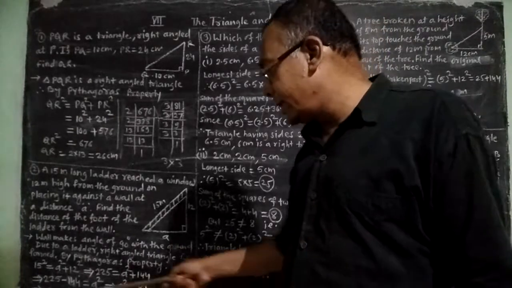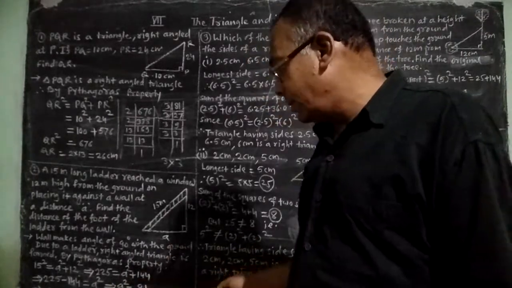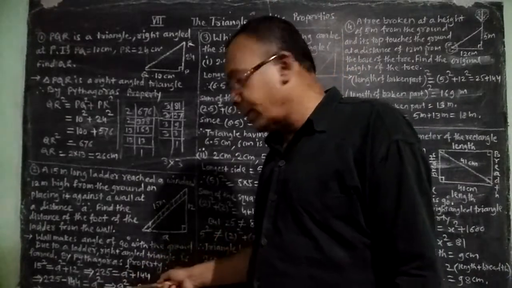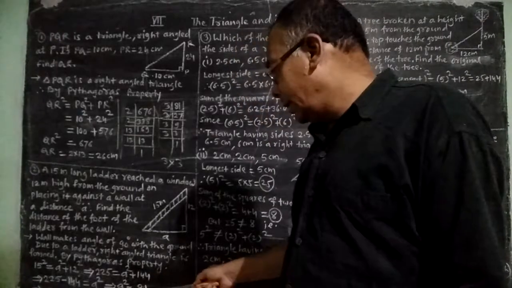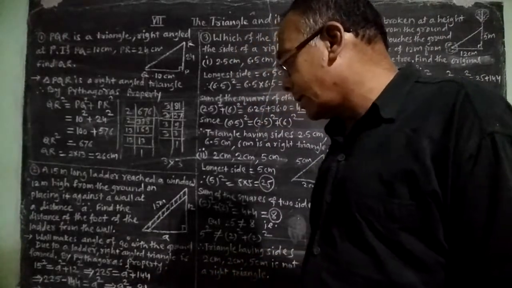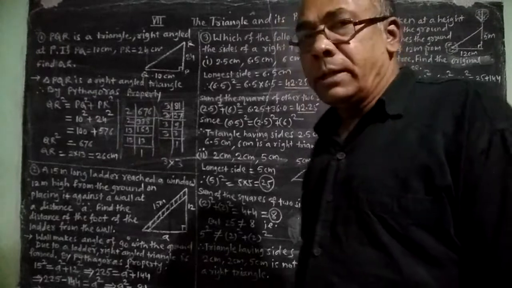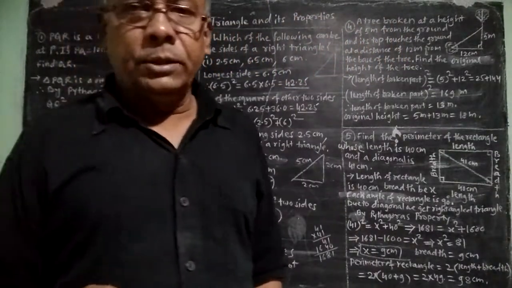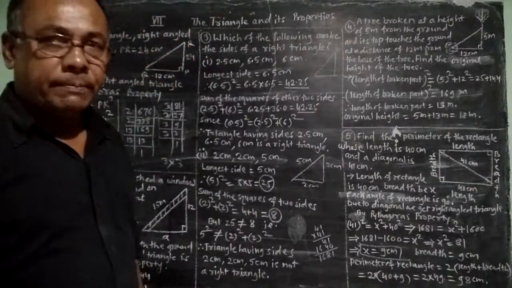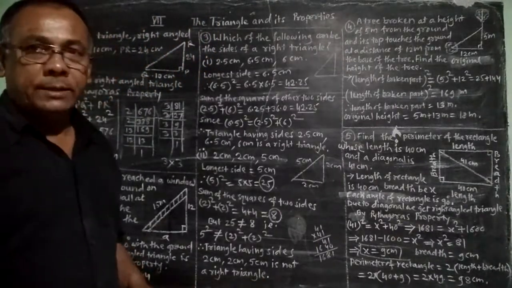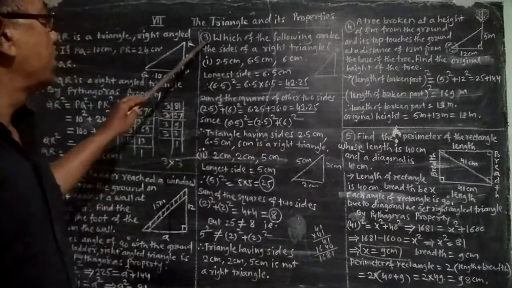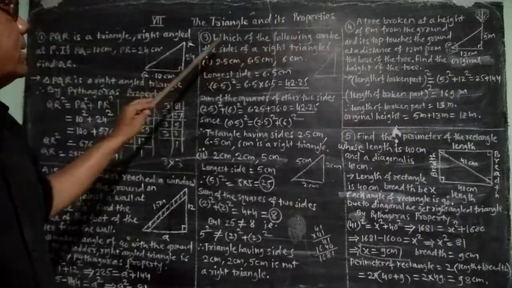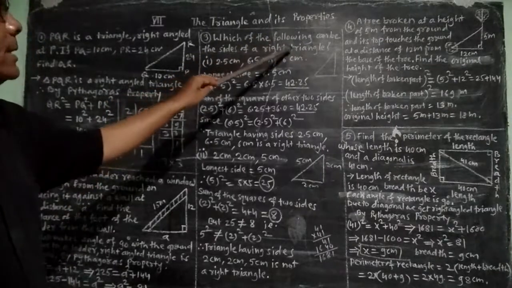The square root of a square is a and the square root of 81 is 9, and therefore a is equal to 9 meter, and therefore the distance of the foot of the ladder from the wall is 9 meter. So in these two examples we have applied the Pythagoras property. Now here the third question is: which of the following can be the sides of a right triangle?